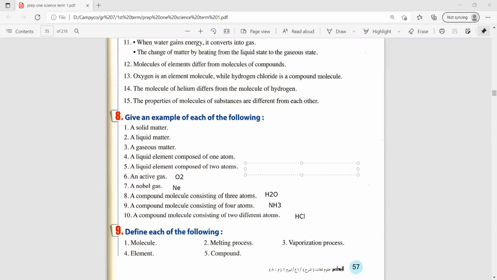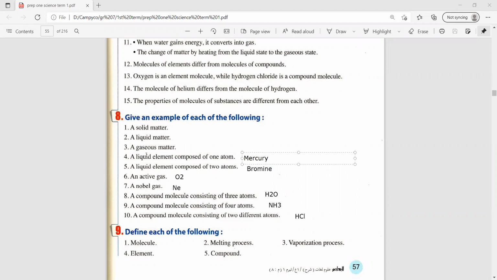Yes, very good. And a liquid of 1 atom: mercury.